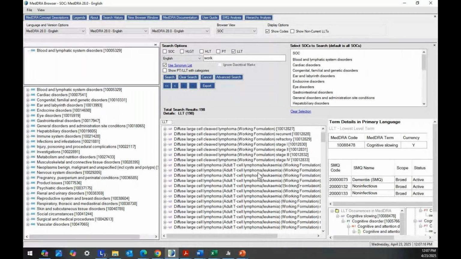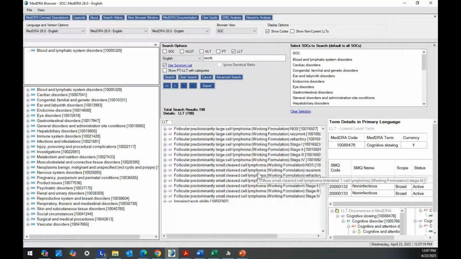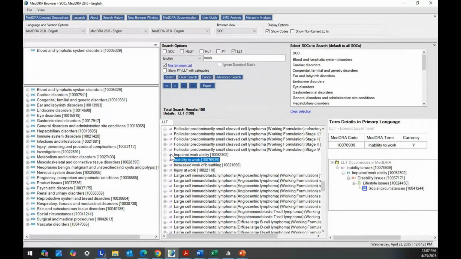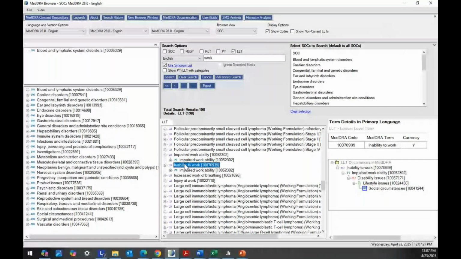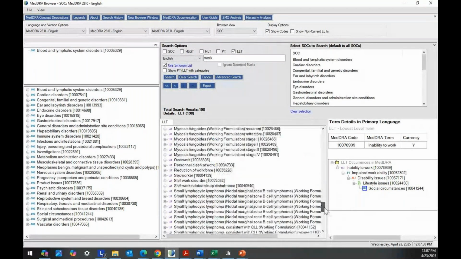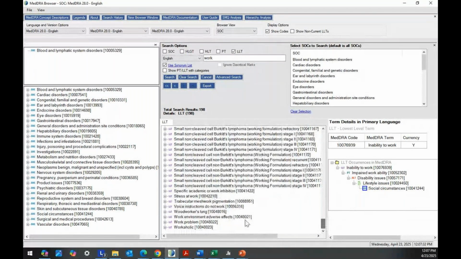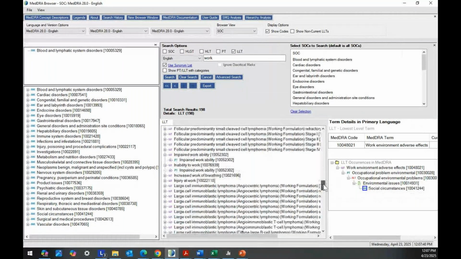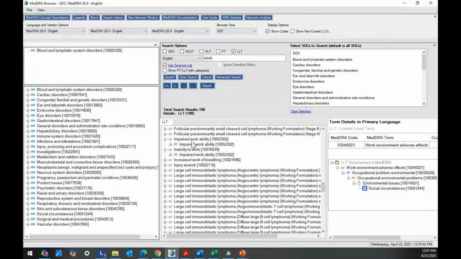I just gave away what I was looking for. But they did have a suspension from work. So right here we have impaired workability or inability to work. Either one of those, they're kind of synonymous. Then let's scroll down and see if we have anything else. Work problem. We have work environment, adverse events. Okay, maybe we're getting closer with at least something we can capture here, right?